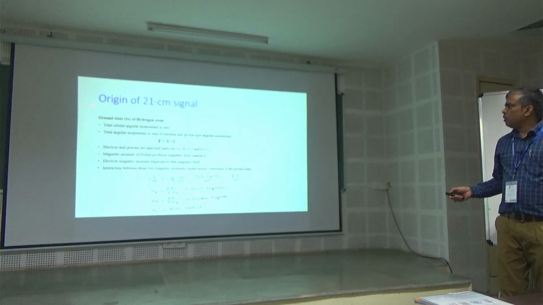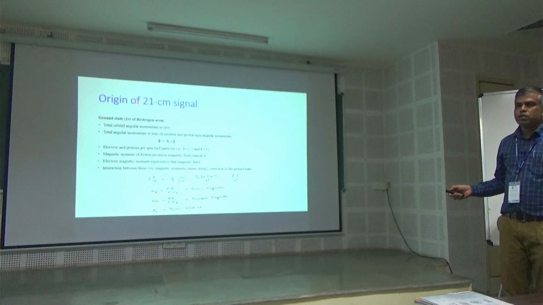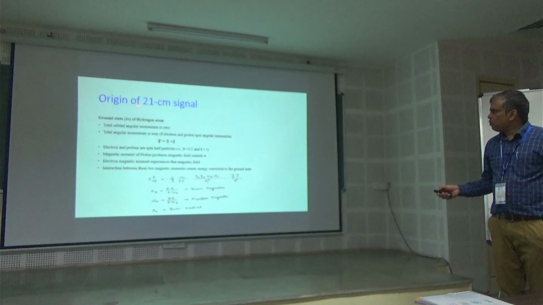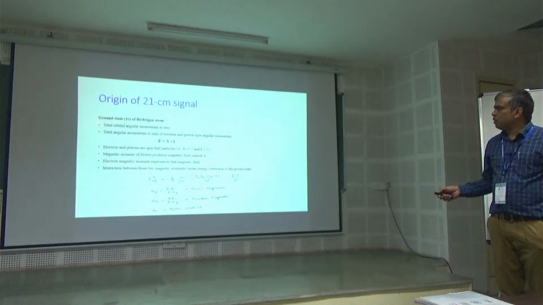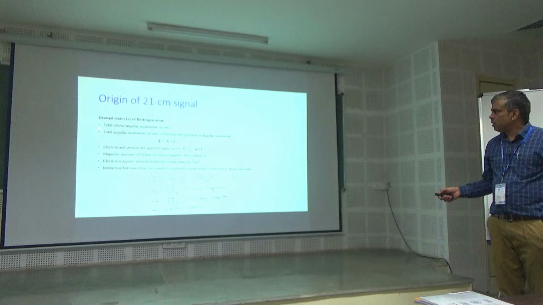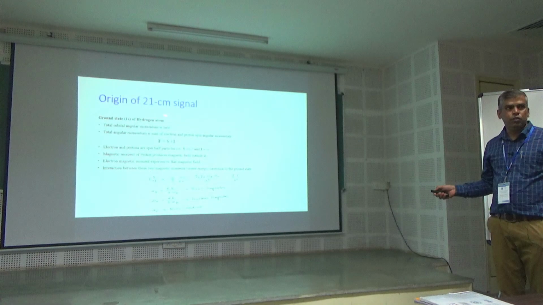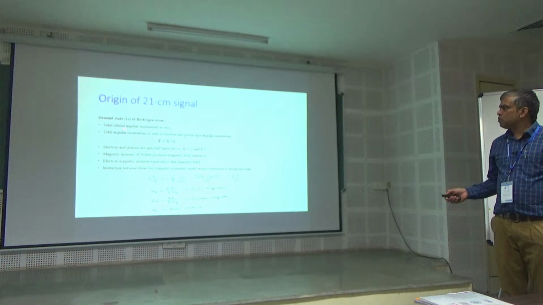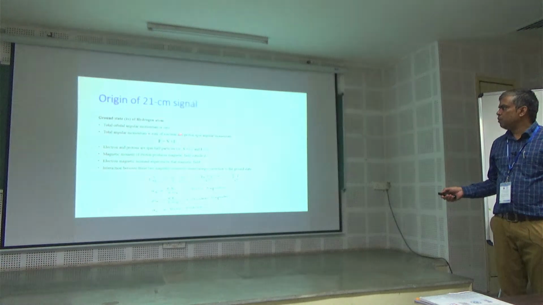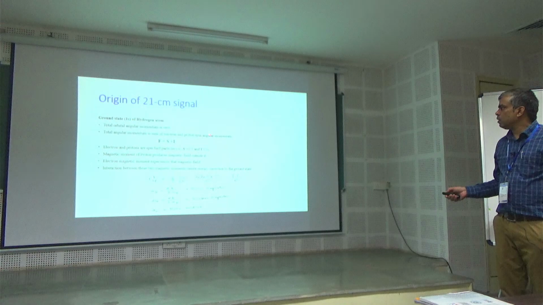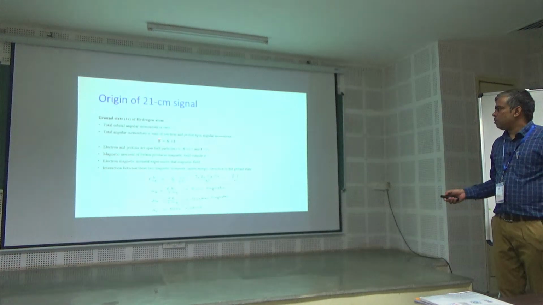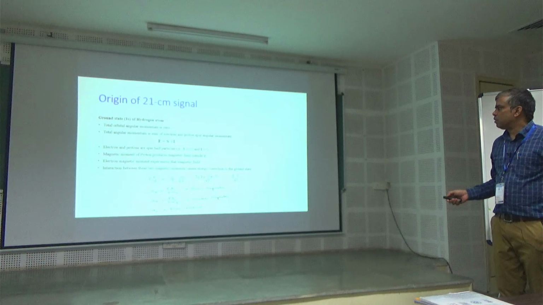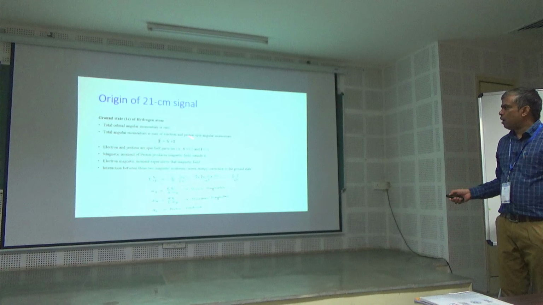So how is this 21 centimeter signal originated? If we focus on this ground state, it has orbital angular momentum that is 0. But since electron and proton both have spin, the total angular momentum is the sum of electron and proton spin. So that is F equal to S plus I, where S is the electron spin, I is the proton spin, and both are half.